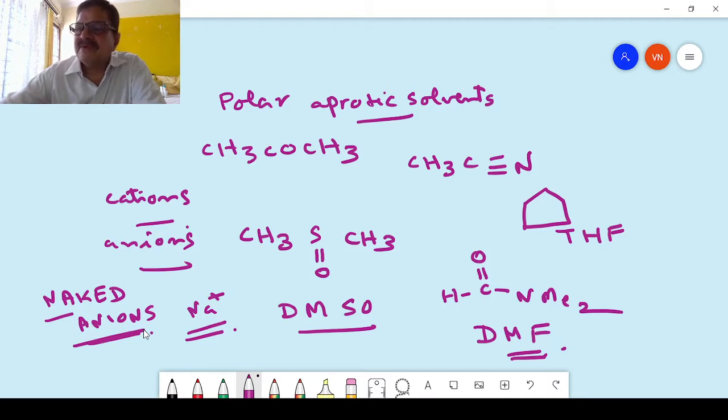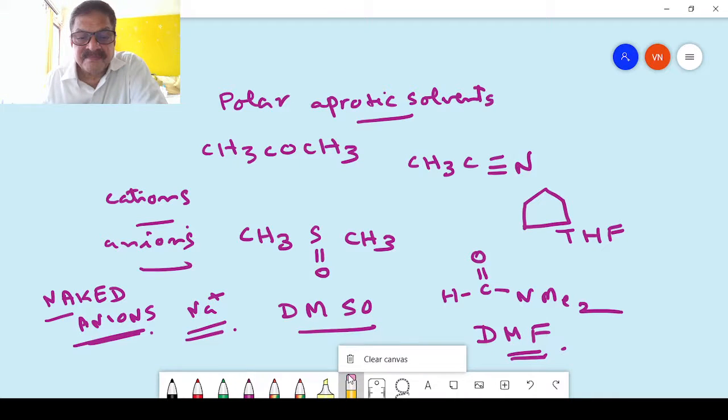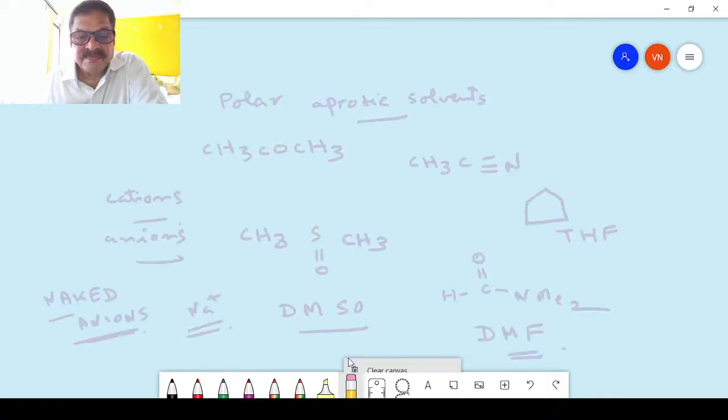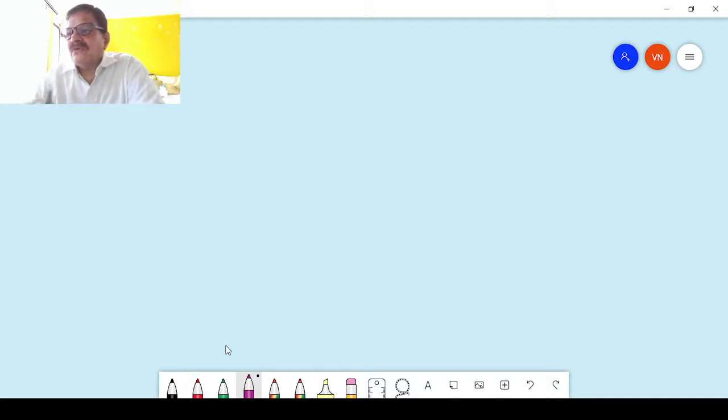Now, the nucleophilicity. Nucleophilicity and basicity follow the same trend in polar aprotic solvents, in contrast to polar protic solvents.